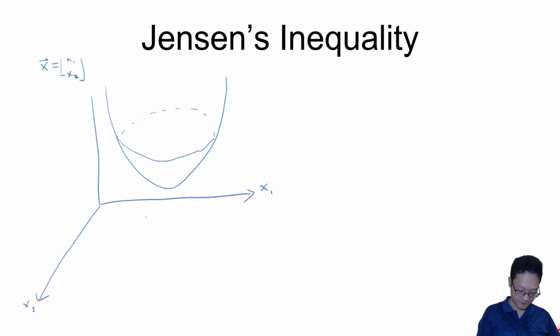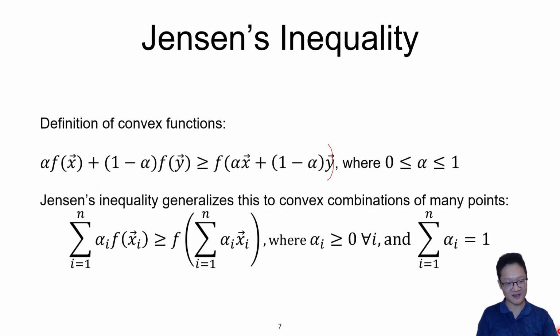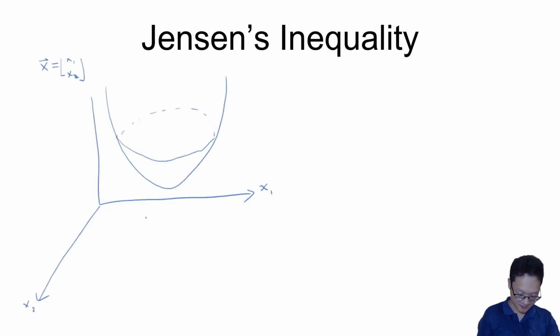Basically what Jensen's inequality is saying is that on the right-hand side, we're going to take a convex combination of the input vectors. So let's just do 3 points. We have 3 input vectors, and we're going to take the convex combination of them.